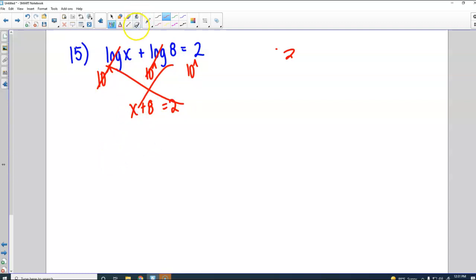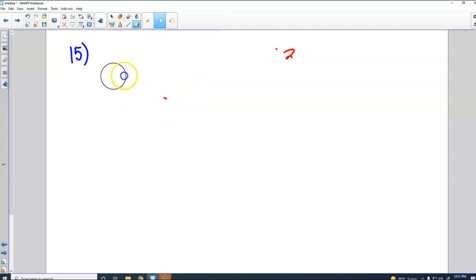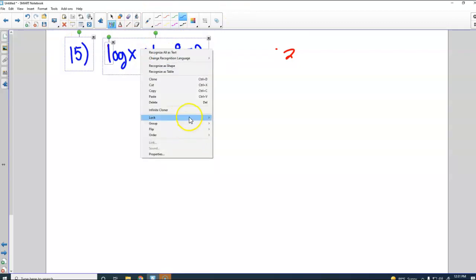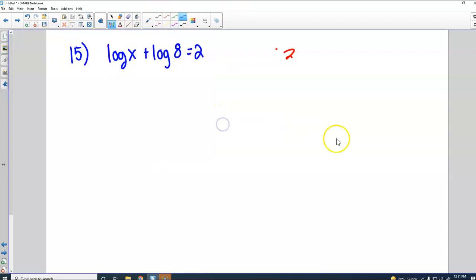Because what we have to do, if we do it that way, is we have to do 2 to the power once on this side and 10 to the power and 10 to the power right here, which you can't do anything with because these two have that plus sign in between.